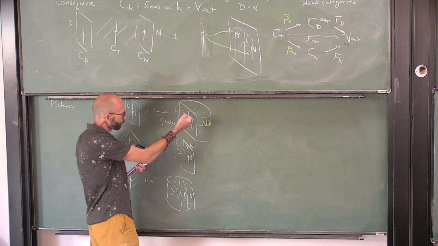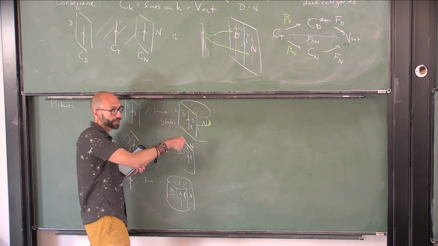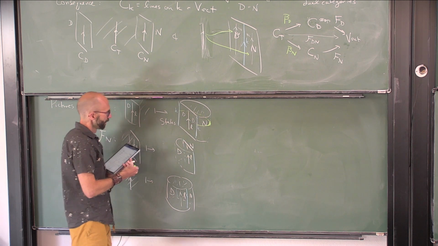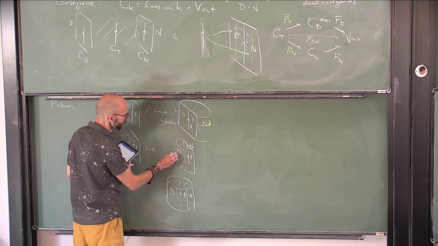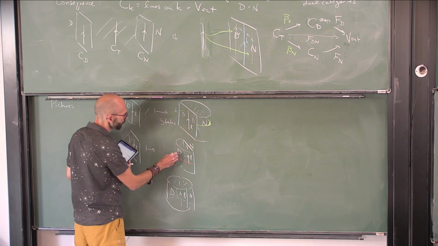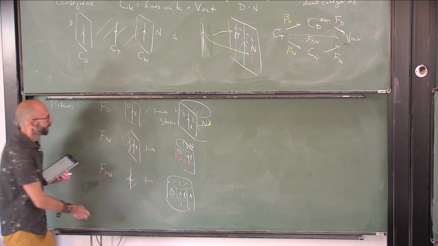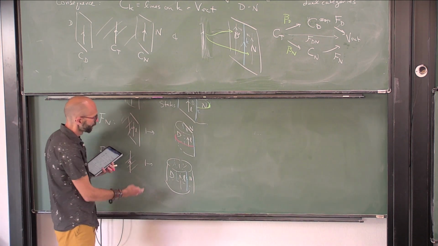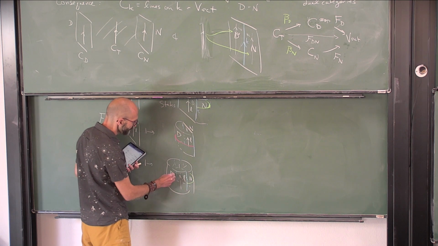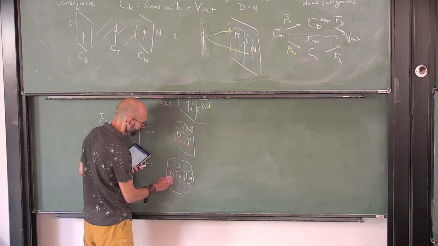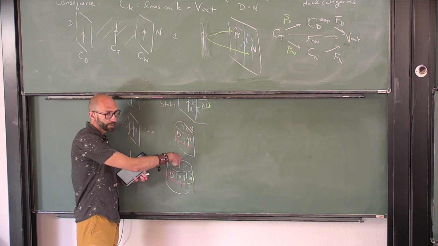It might be a point, but it might also just be a big arc. Endomorphisms of this fiber functor are any operators supported on a big arc on the D boundary, and endomorphisms of the bottom thing are supported on a big arc on N or a big arc on D. And because of transversality, they separate.